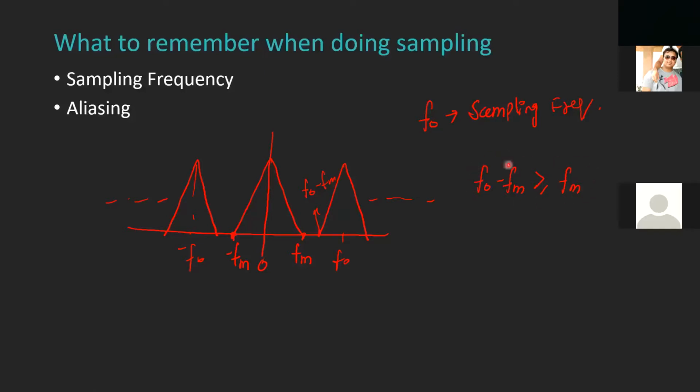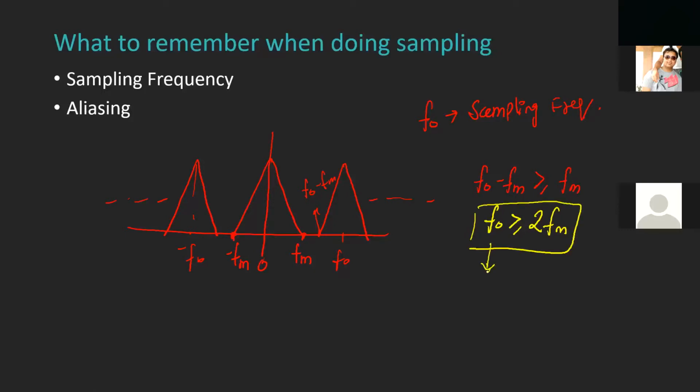If this condition is met, these two spectrums will not overlap. That's how we derive the sampling frequency. So f0 should be greater than or equal to 2fm.